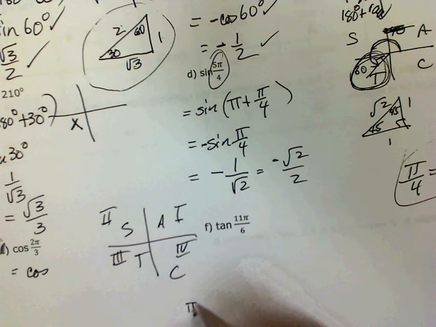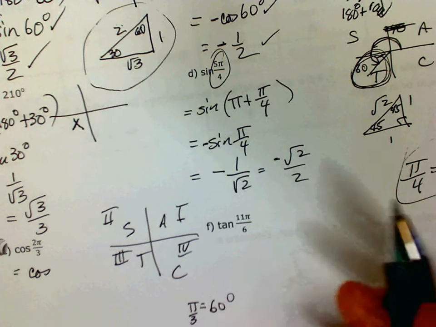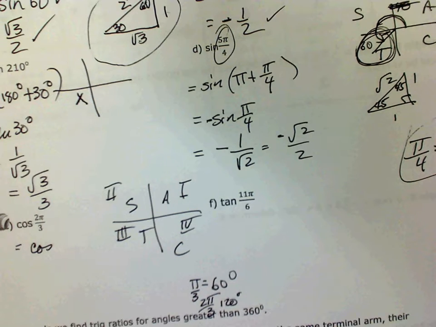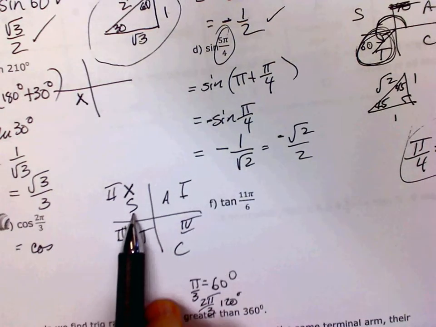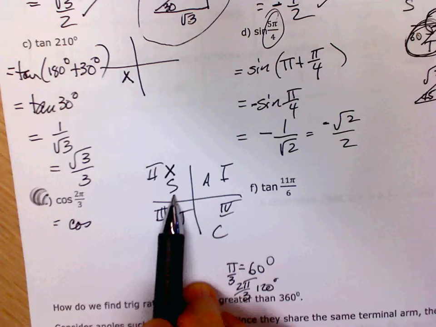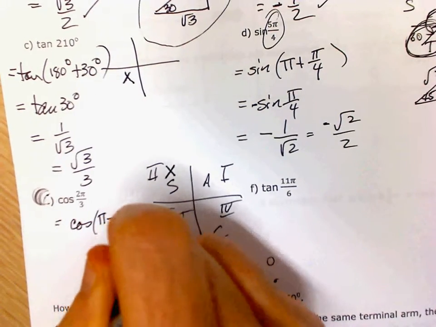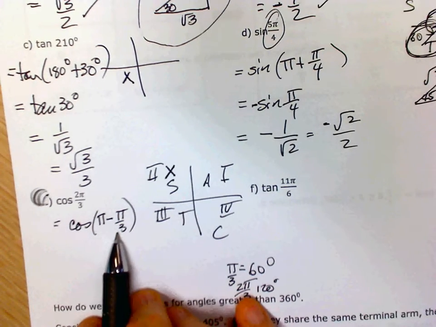So 2 pi by 3 is 120. So where does it end up? 2. The only one that's positive is sine and its reciprocal. So this is going to be pi minus pi by 3, right? Pi minus pi by 3 is 2 pi by 3. So we know cosine is negative here.